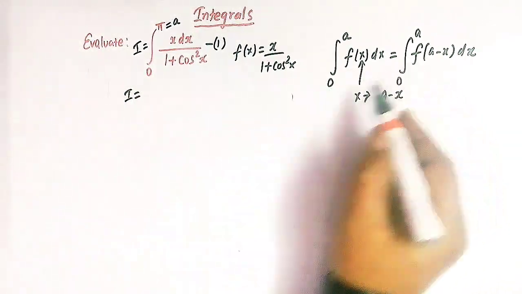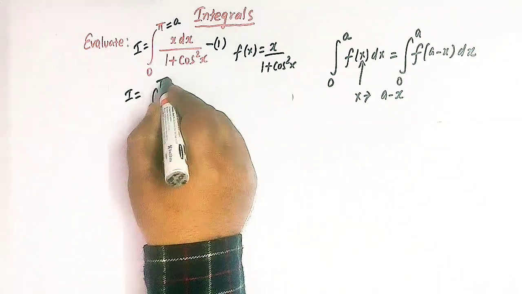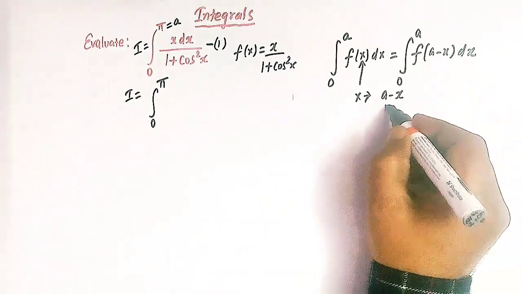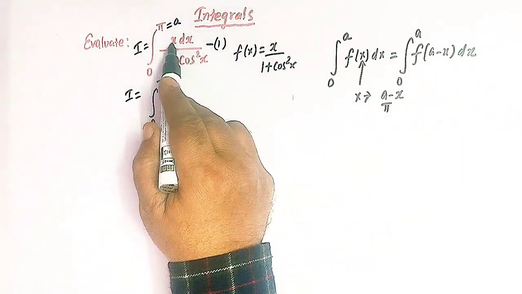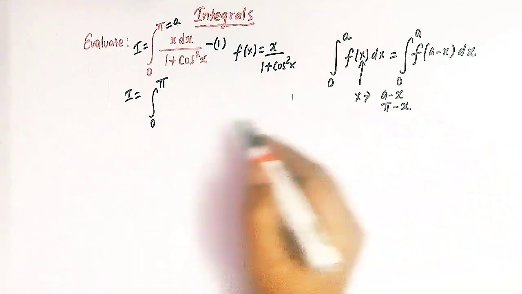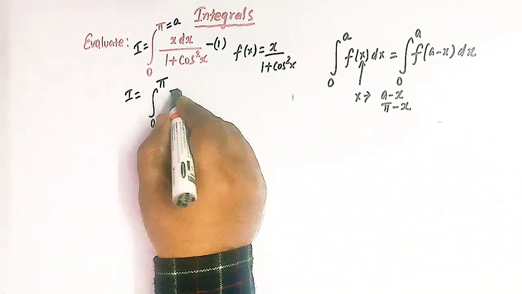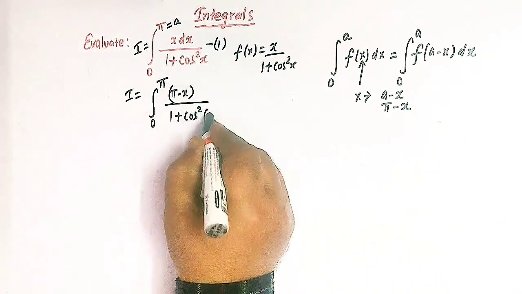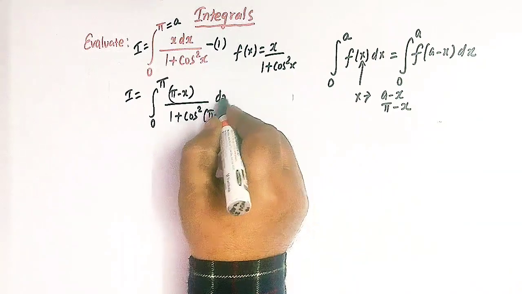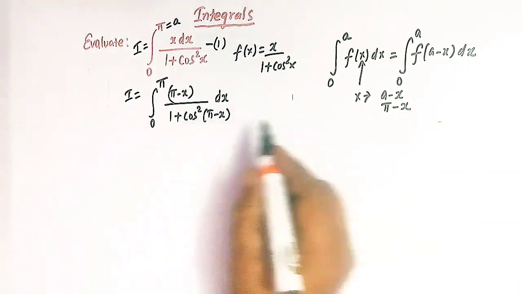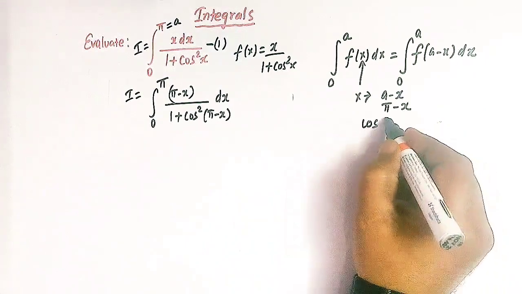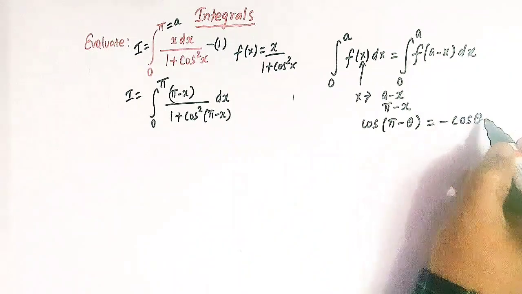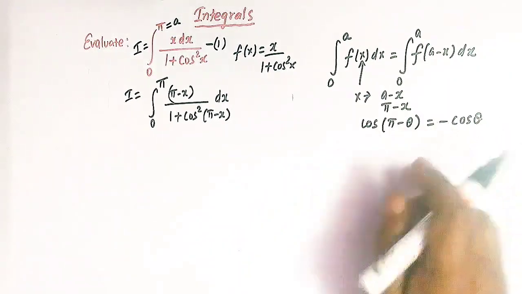Applying this property, we can now write 0 to pi, and here we replace x by a minus x, which means we replace x by pi minus x in the second step. So we have pi minus x, and here we have 1 plus cos square of pi minus x, dx. Using some trigonometry, we know that cos of pi minus theta is given by minus cosine theta. This is a standard result from trigonometry.